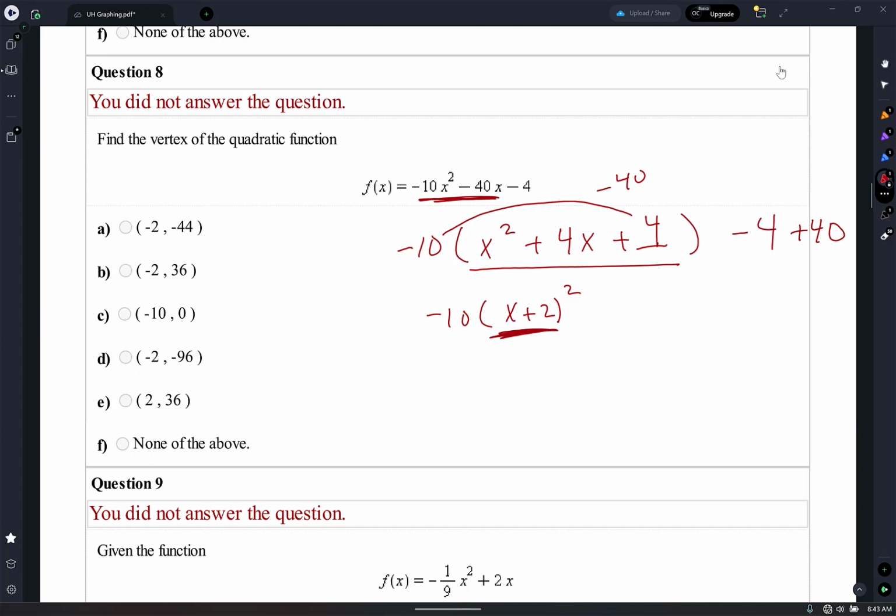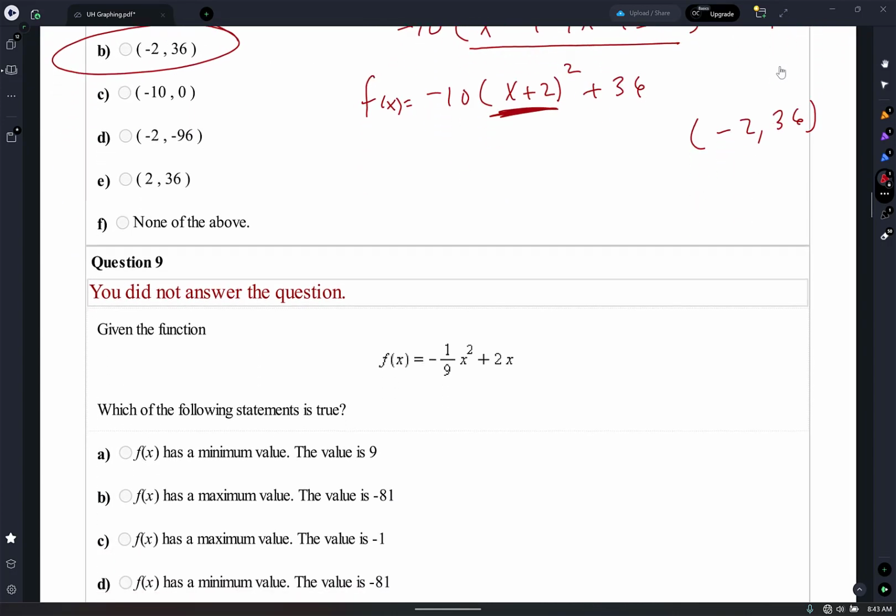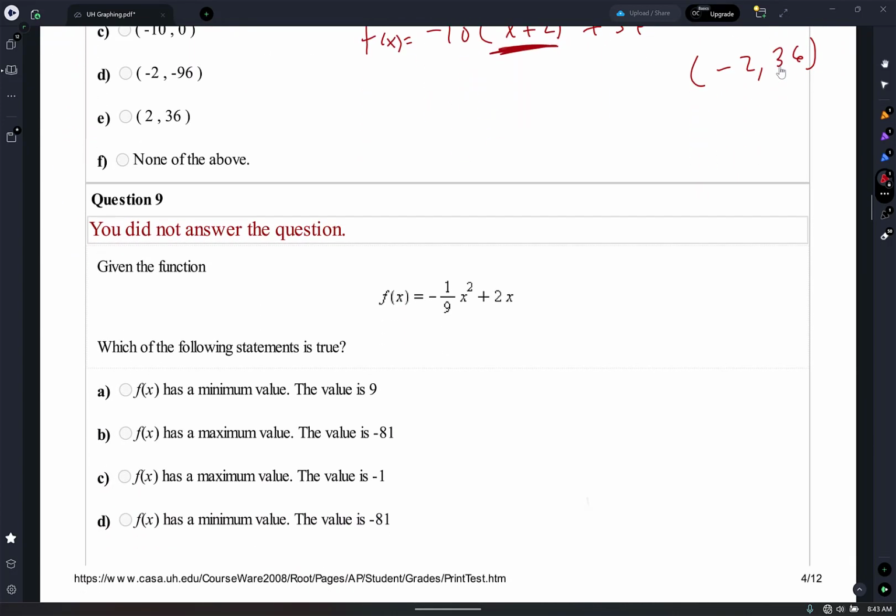The difference is 36, so plus 36. This is my function. So my vertex is at negative 2 comma 36. You can plot these questions all you want, but that's how you do it. If you want to use Desmos, I guess you could, but try not to use Desmos, guys.